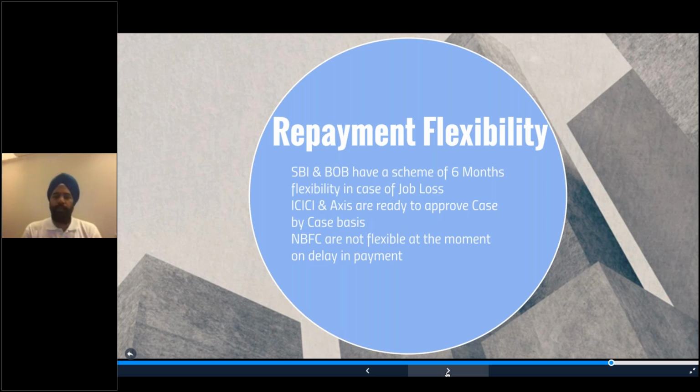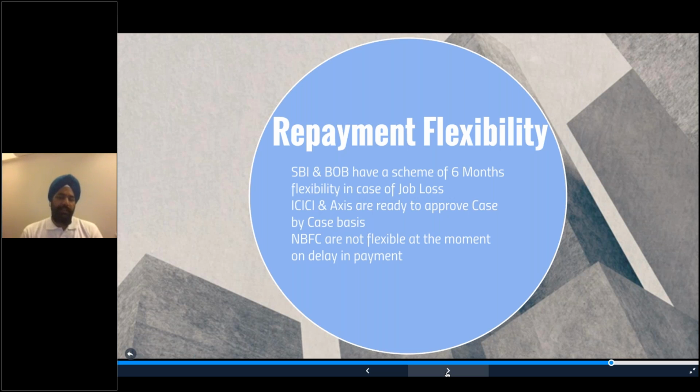For the ones who are already functioning or on H1B at the moment, you have to reach out to your financial providers and tell them that for a particular span of time, due to unavoidable circumstances, you are unable to pay the loan, and they will definitely cooperate. So things overall are looking positive. The financial industry is supportive.